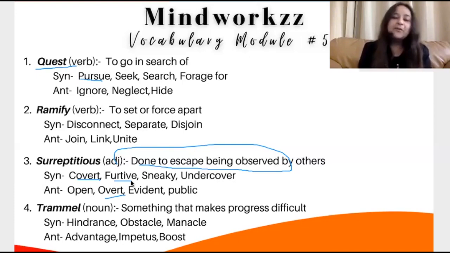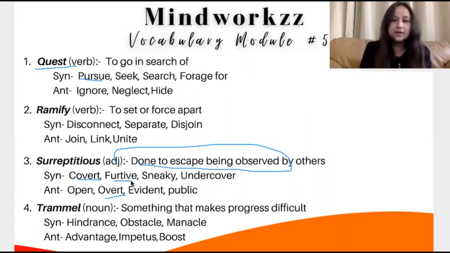Okay, so these were the words, and you could again try to create stories or sentences out of them to make it more understandable. So let us try to understand. When I was on a quest for the answers to some of the problems of my life, I tried to be surreptitious and hide it. But that was full of trammel, that was full of obstacles.